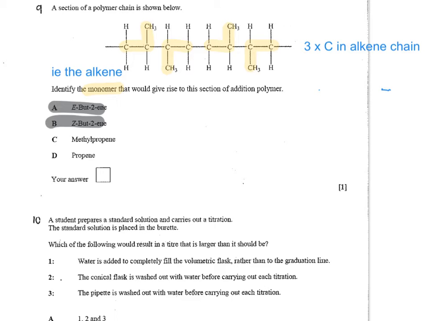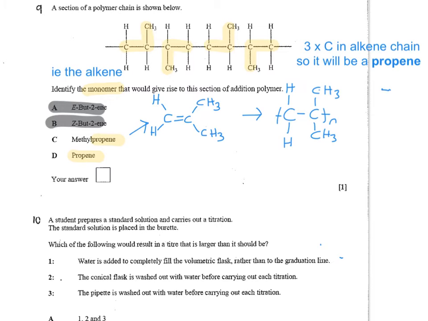Now that leaves us with possibly propene or possibly methylpropene, because we know that an alkene with 3 carbons in it is going to be called propene, or at least 3 carbons in the main chain. But if we look at methylpropene and the actual repeating unit that we get, it's not going to be quite the same as the repeating unit that's actually in the question. So therefore, that particular answer is also out the window. That means our answer is actually D.